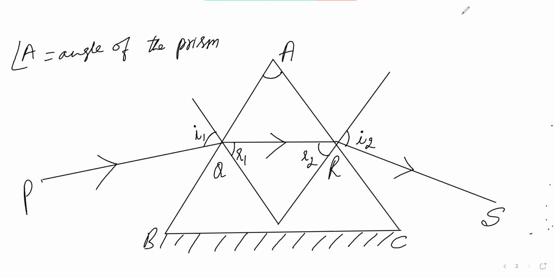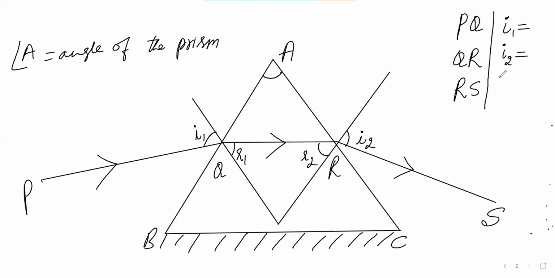Okay, you can write it. PQ is the incident ray, QR is the refracted ray, RS is the emergent ray, I1 equals angle of incidence, I2 equals angle of emergence, R1 and R2 are the angles of refraction.